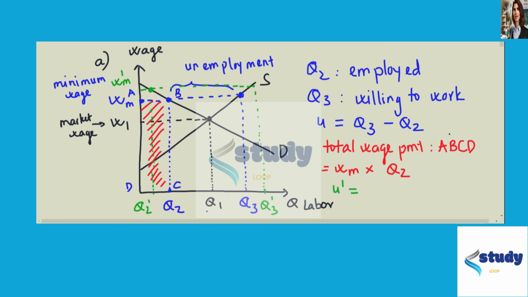You can see that the difference between these two quantities increases. So the new level of unemployment is Q3 prime minus Q2 prime. That is greater than the initial unemployment when we first imposed the minimum wage.